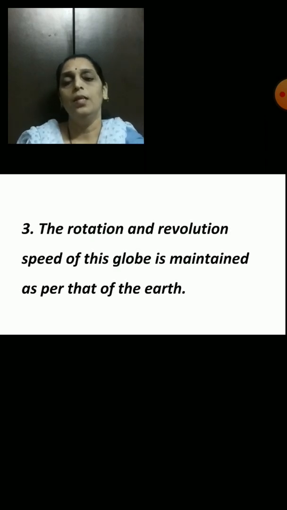Now the next point, third point, the rotation and revolution speed of this globe is maintained as per that of Earth. How is the rotation and revolution speed of Eartha maintained? Yes, the rotation and revolution speed of Eartha is maintained as per that of the Earth.